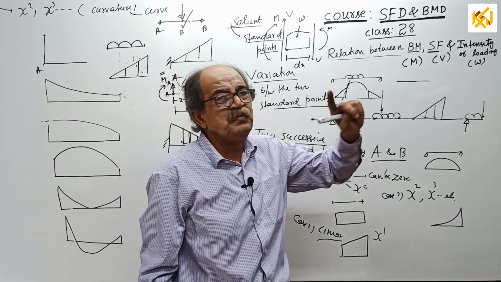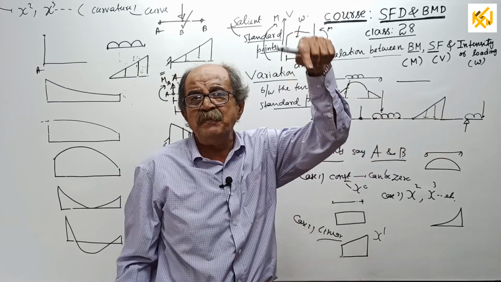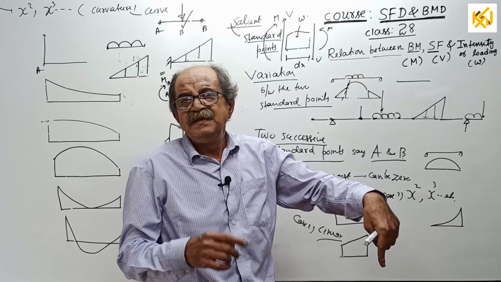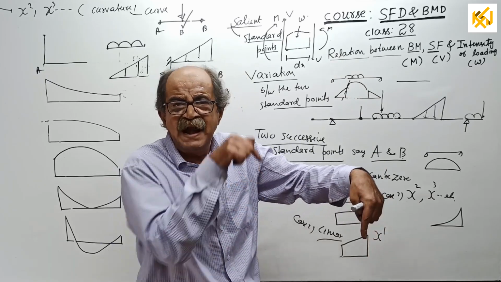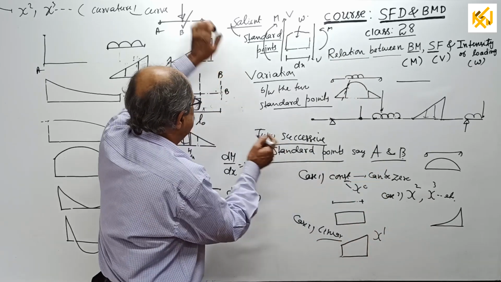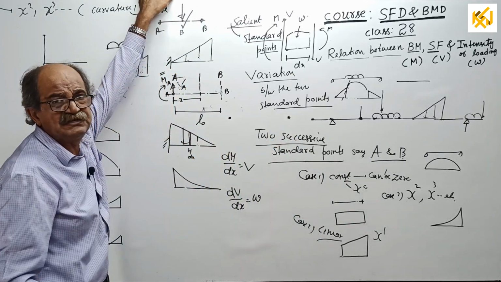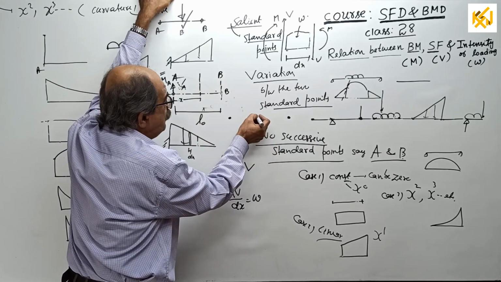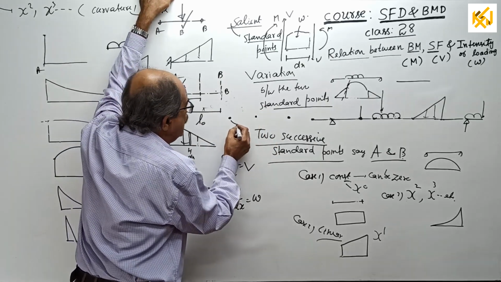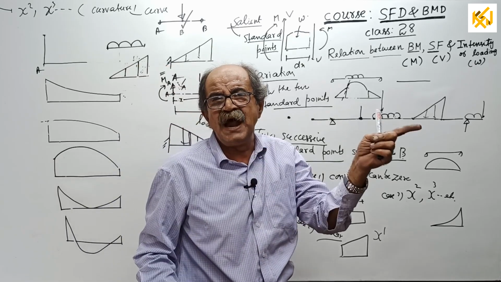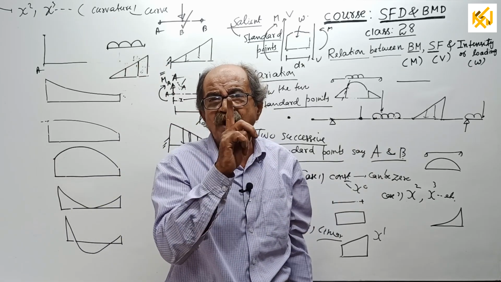Between two successive bus stops, another bus stop cannot come, because if another bus stop comes in between, then the successive bus stops will become this one and that one. See, the bus will stop here, the bus will stop here. These are two successive bus stops. If you make one more bus stop here, then these two will become successive bus stops. Therefore, between two standard points, a point load cannot come.